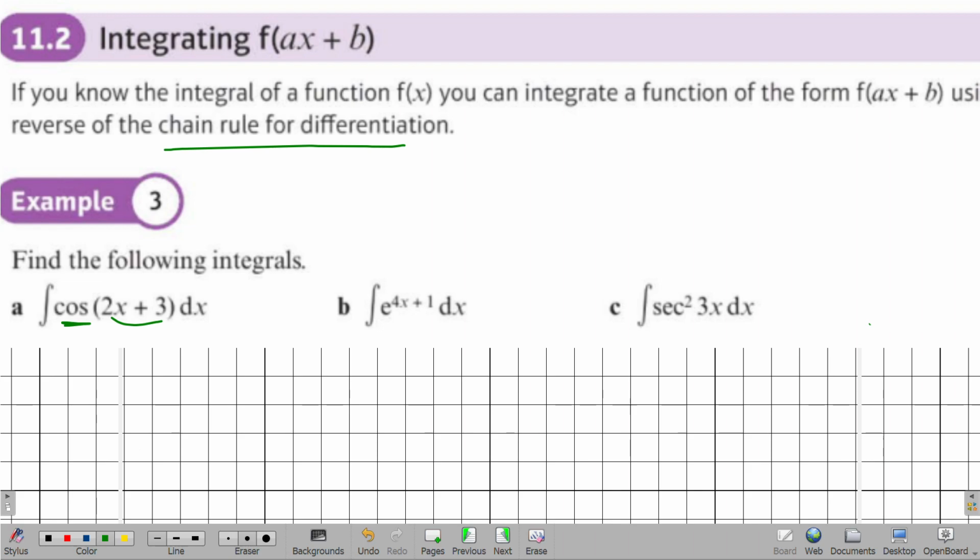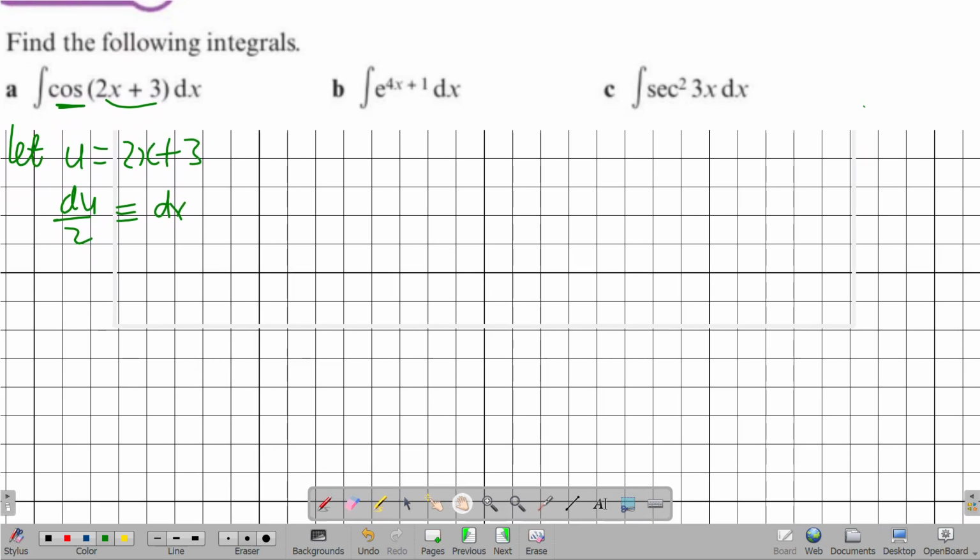So the substitution that we'll do here is to say let u be equal to 2x plus 3, which means you're going to have du over 2 being equivalent to dx. I think by now we're used to my way of doing this substitution. So the integral is equal to the integral of cos, but it's no longer cos of 2x plus 3, but cos u times du over 2.